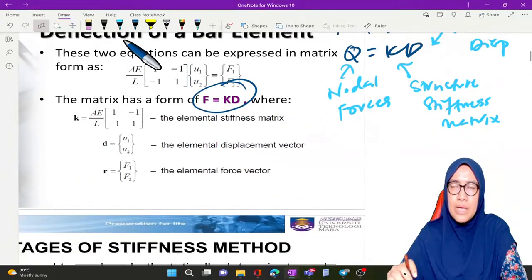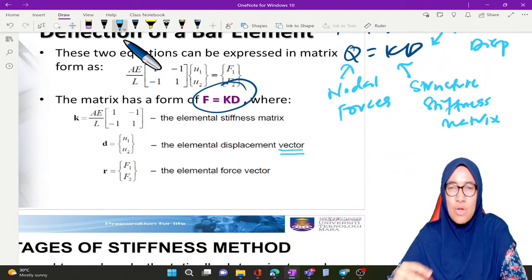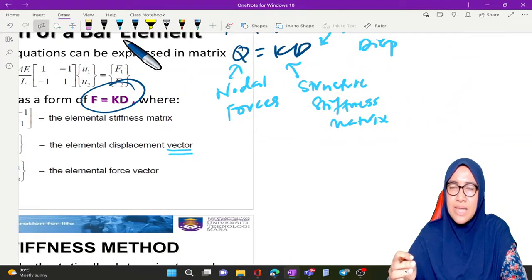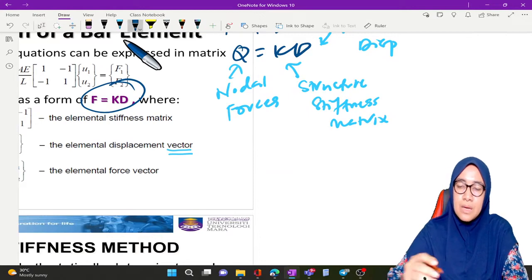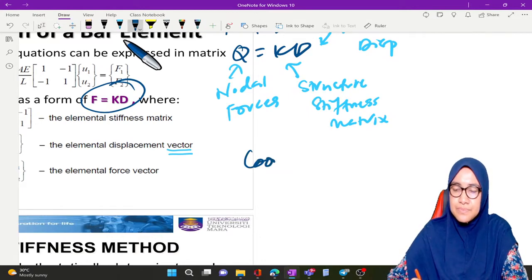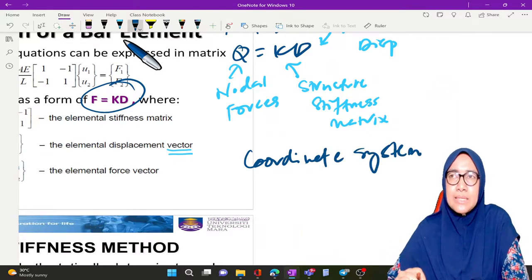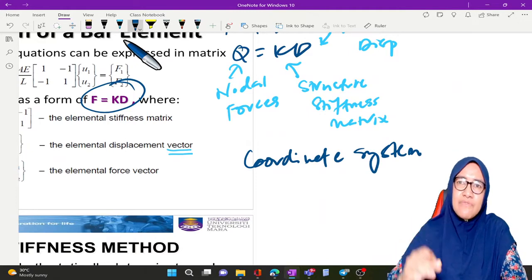We will deal with coordinate system. That is why there is the word vector here. Another important thing that you need to understand under the stiffness method is the coordinate system. Why do we have to understand it? Because, as I mentioned just now, the stiffness method is the theory behind software.